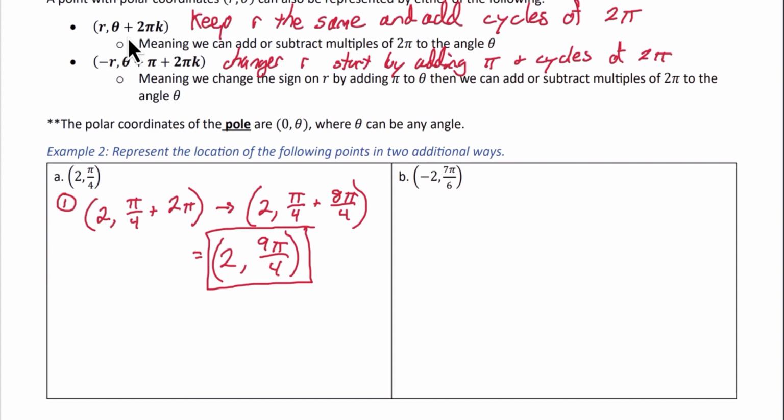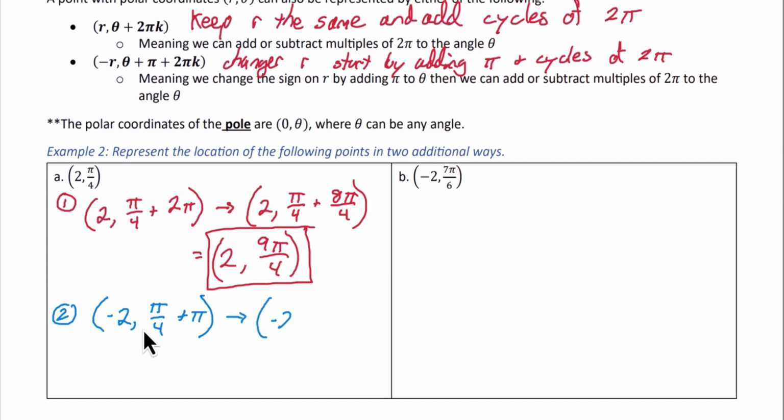An alternate way to do this, using our second method, is making r negative. If we change 2 to negative 2, we would then have to add π to π/4. We could also add an additional 2π or 4π and so on, but for now let's stick with just π.